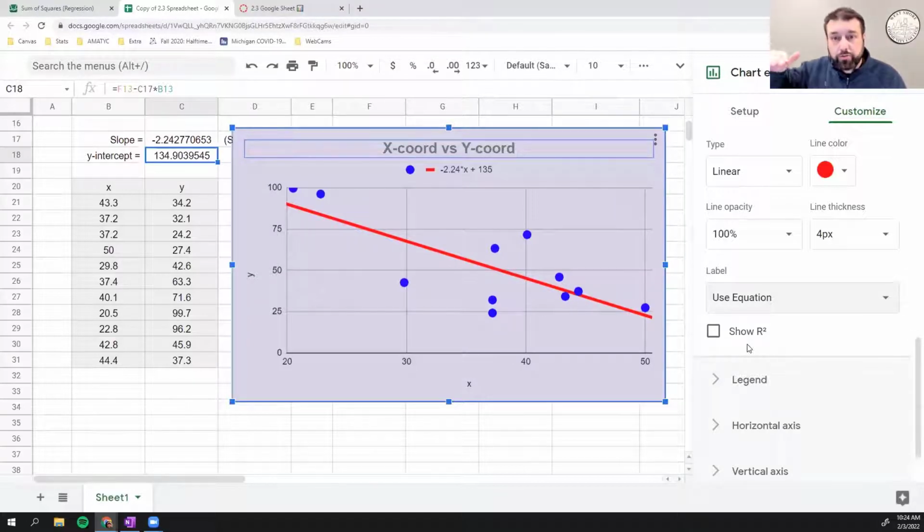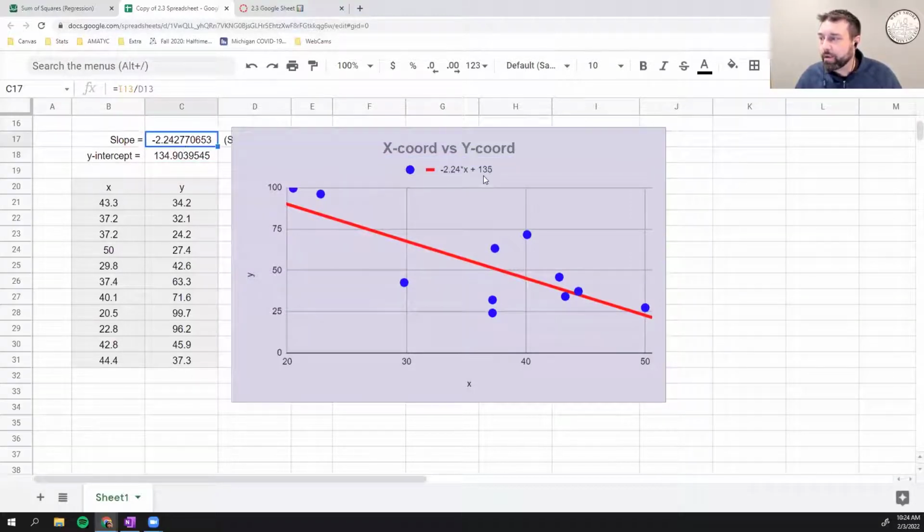We didn't have to go through all those steps of the table, right? Finding the difference from the mean, finding the square of the difference from the mean, adding them all up, dividing by this and that. You just click use equation and Google Sheets will give you the equation of that trend line. Look at -2.24, -2.24. 135, 134.9.